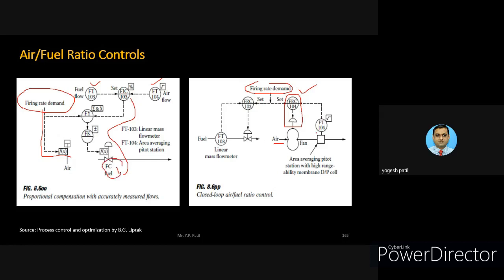Here the flow is measured on the air side, and the same can be used for controlling the air flow rate. Again, on the separate side, the fuel flow rate gets measured and given to the flow regulator and controller, and depending on the firing rate demand, which is the set point, the flow rate gets controlled. This is the simple air-fuel ratio control arrangement in both the pictures.